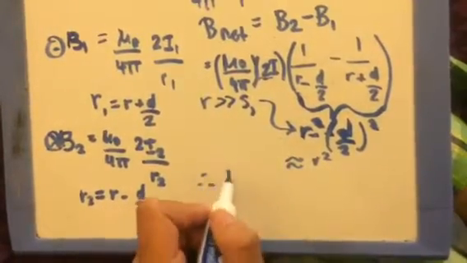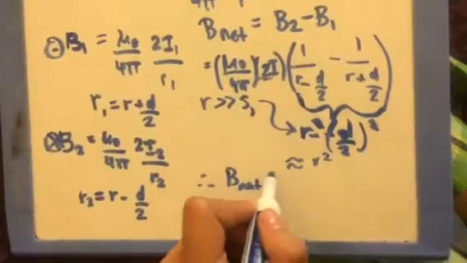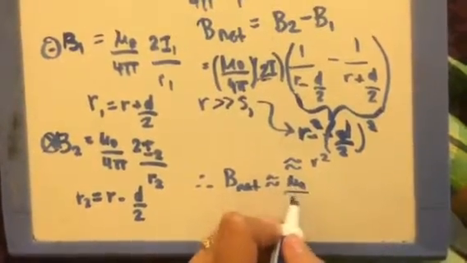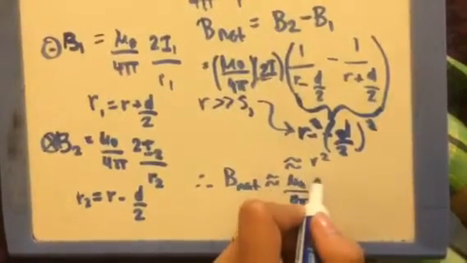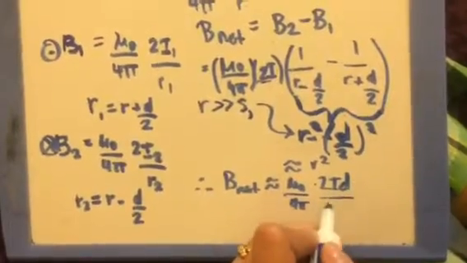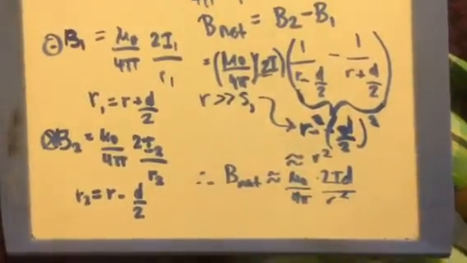Therefore, B net is approximately equal to mu naught over 4 pi times 2I D over R squared.